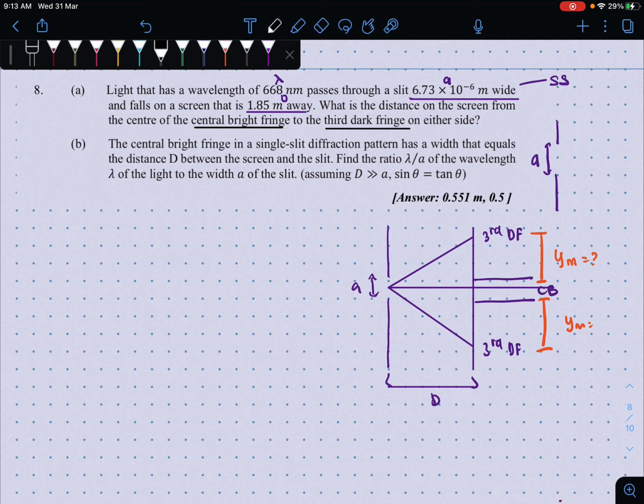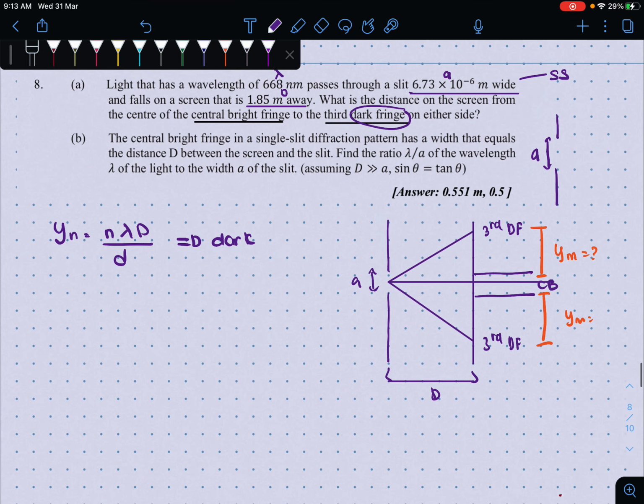So what we are going to do here is we're going to use the equation for single slit. Dan sebab dia cakap dark fringe, single slit diffraction equation. Single slit diffraction. So diffraction dia akan ambil Y N is equals to N lambda D over A. Okay, ini adalah untuk dark ataupun destructive.